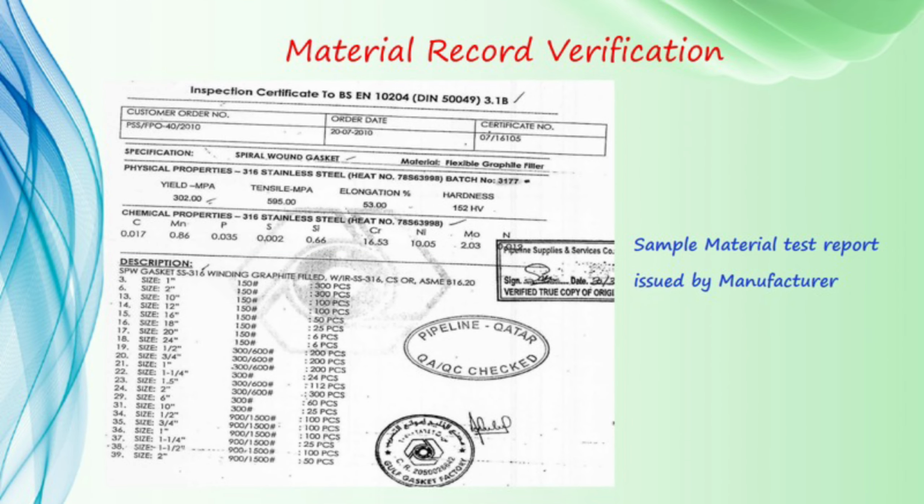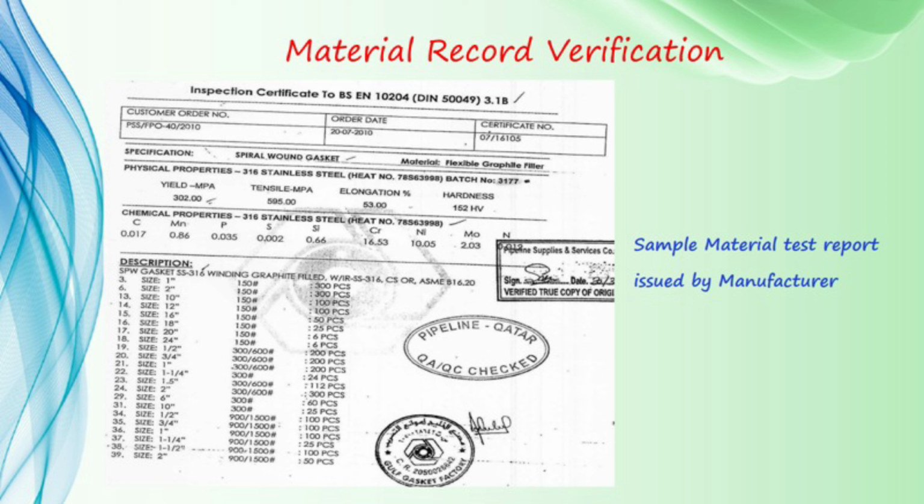Now in the material record verification part, I have given one sample material test report issued by a manufacturer. This is issued as per BS EN 10204 type 3.1B certificate. In this certificate, the manufacturer has provided the physical and chemical parameters of the filler and winding material, and the description of the gasket, quantity, class, everything is mentioned.